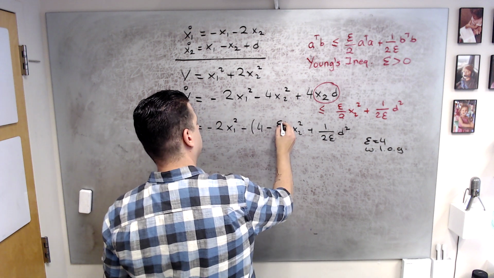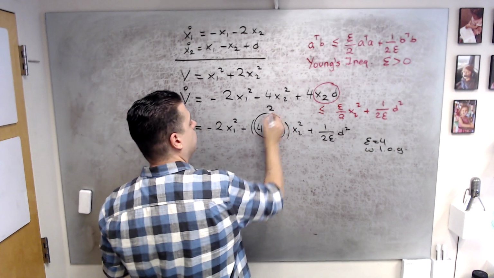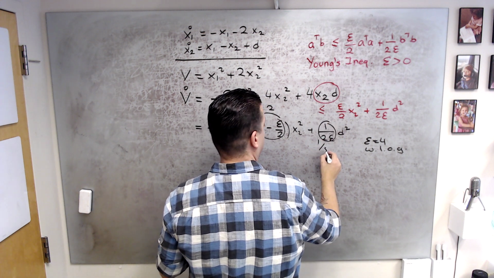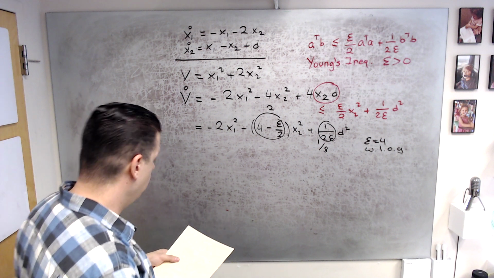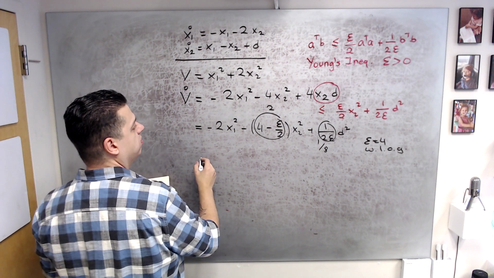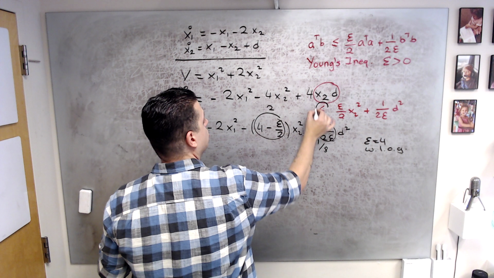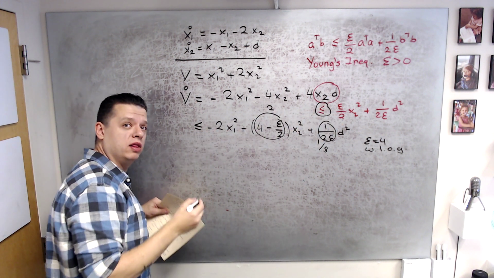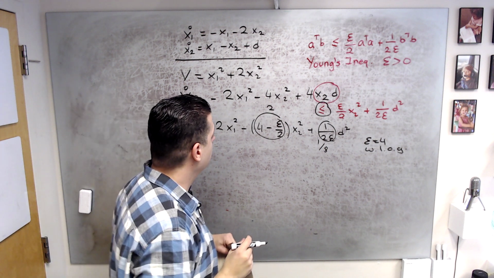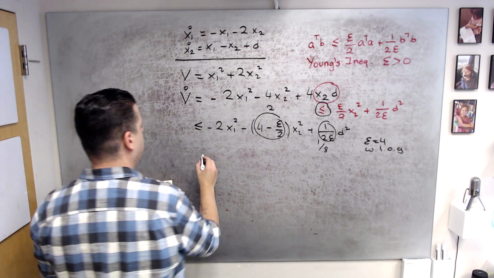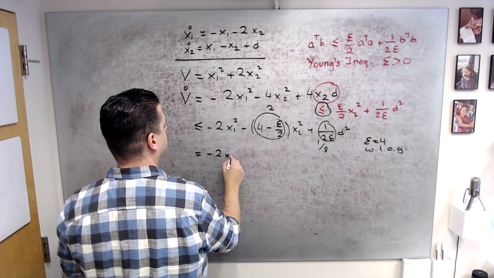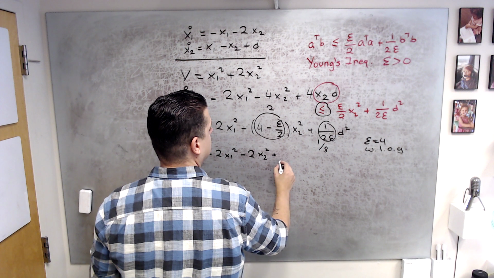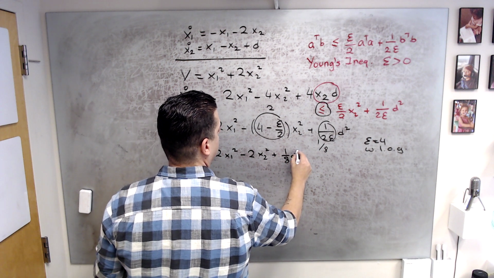When it is 4, then this term makes it 2, and this is 1 over 8. I apologize, when you use Young's inequality, you are upper bounding your function, right? All right, so now we have minus 2 x1 to the power of 2 minus 2 x2 to the power of 2 plus 1 over 8 d to the power of 2.